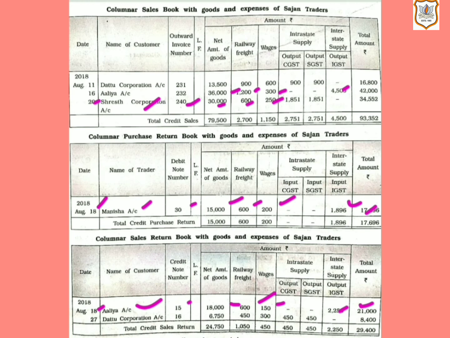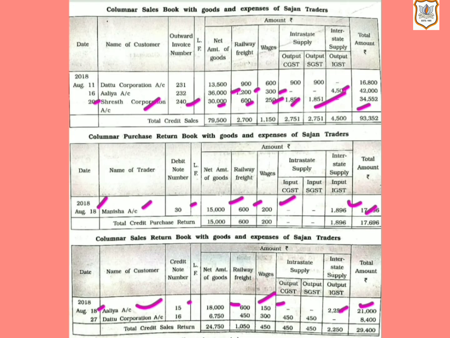So 6% of 30,850 is 1,851. So 1,851 is CGST and again 1,851 is SGST, and total amount will be shown at rupees 34,552. Then let's move further.